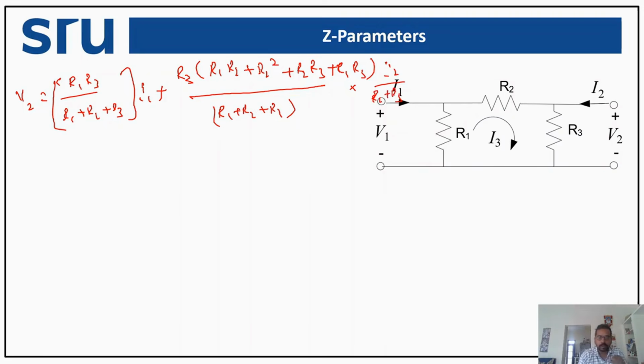Now try to see here, we can take R2 common from these two terms and we can take R3 common from these particular two terms.